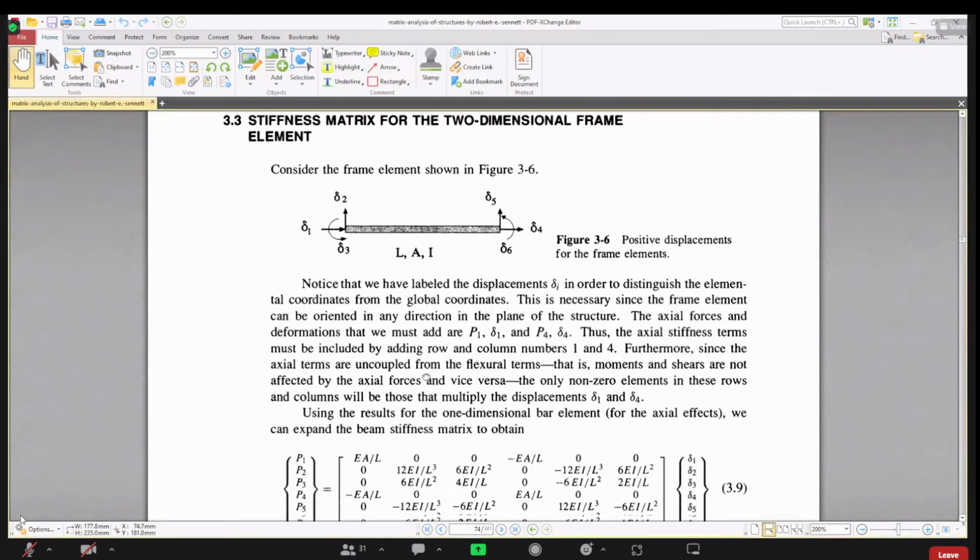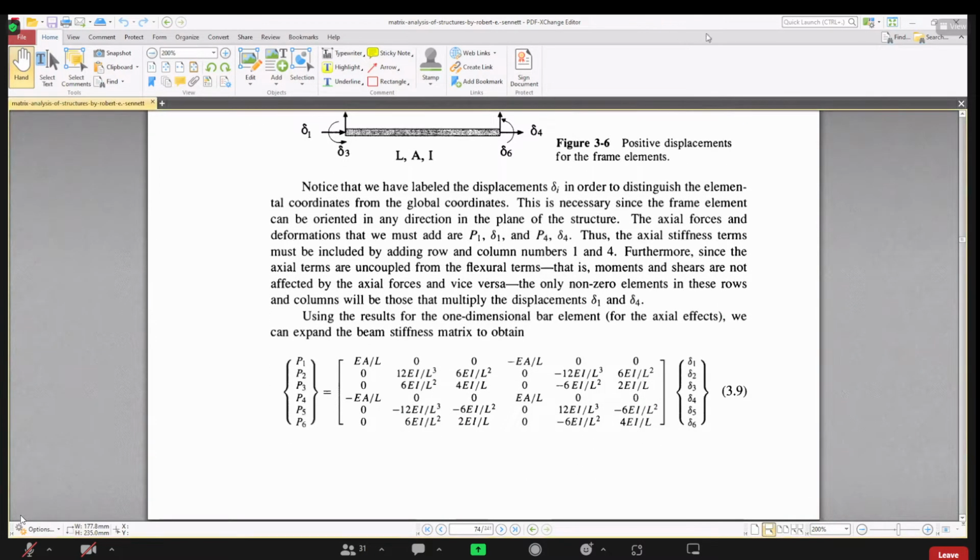So we expect that the elemental stiffness matrix is 6 by 6. This is our elemental stiffness matrix for frames.